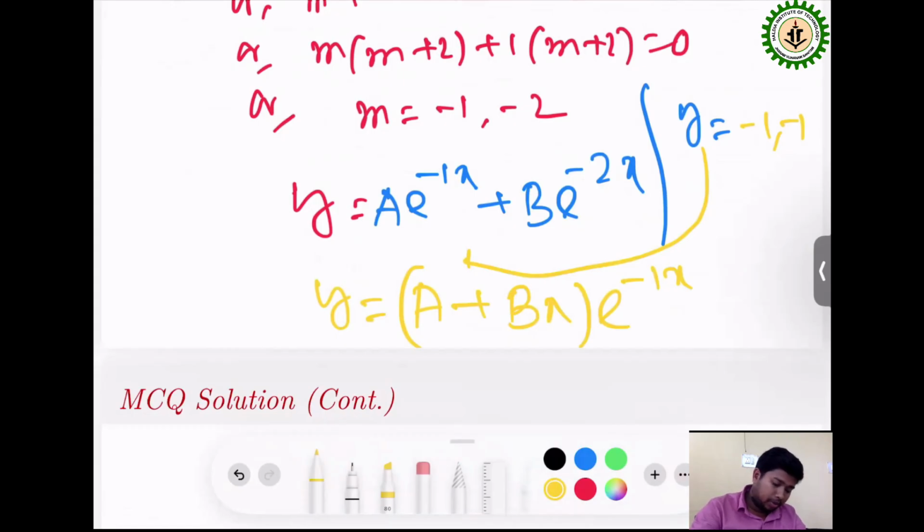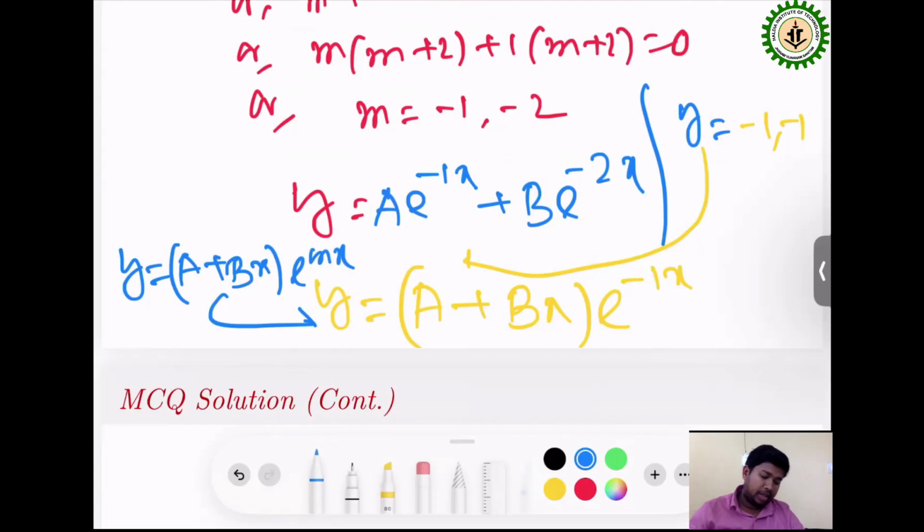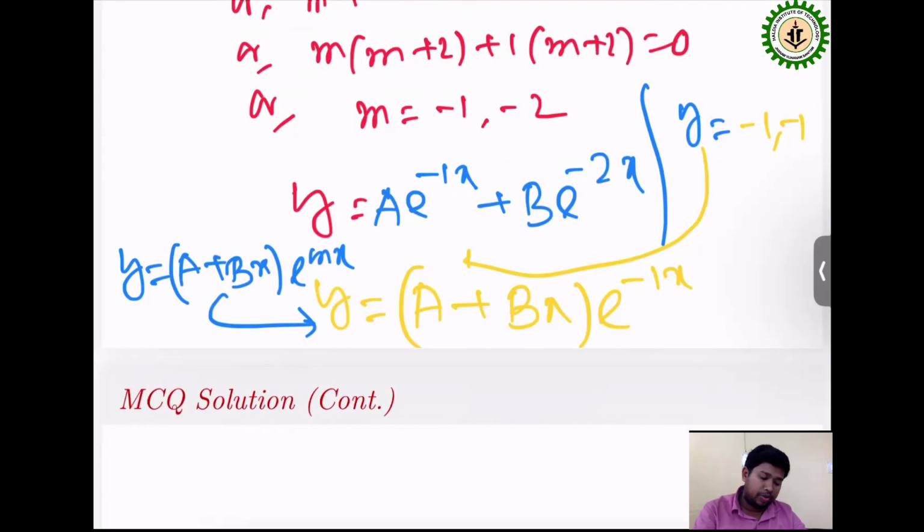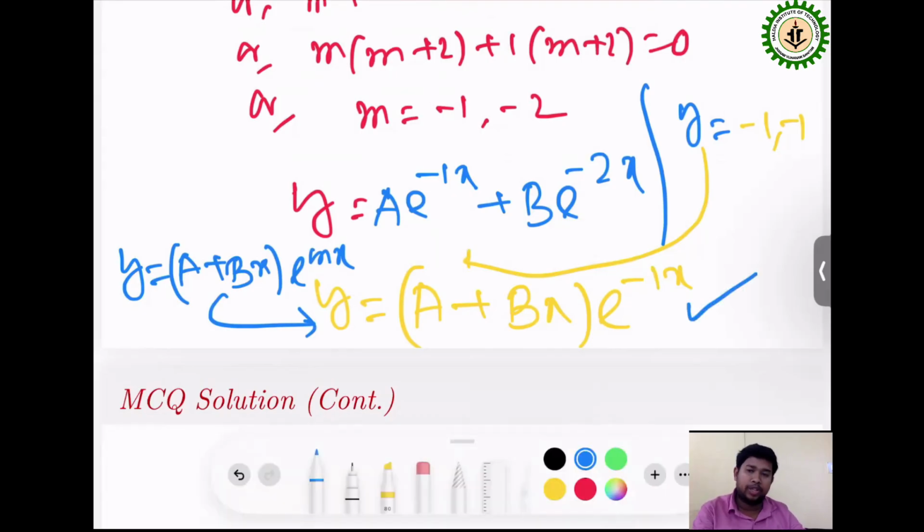What is the formula? y equal to a plus bx into e to the power mx. When the roots are equal and real, you obtain a plus bx times e to the power mx, where m is minus 1. You obtain it from this formula.